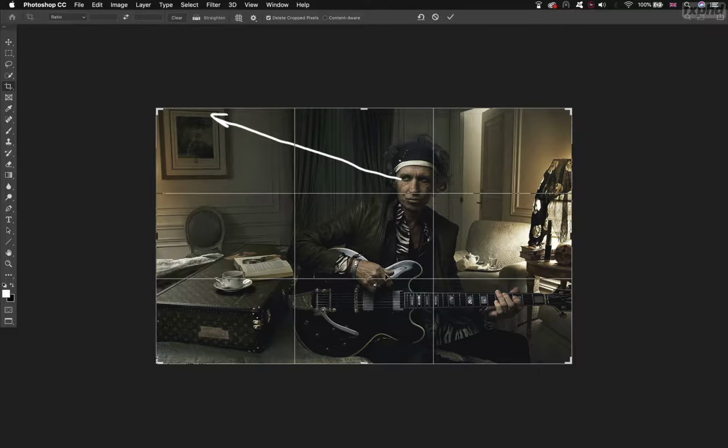Obviously, you don't want to be too strict and follow the rules absolutely, but you can tell that here the idea of the composition is to put the guitar, the fretboard and the neck on this line here, and to put his face on this point here, and let him look outside of the frame. Outside of this line here, which is the third, you don't have him anymore. He's completely contained in the guitar in these first two thirds of the image, and the last one just gives him some space.